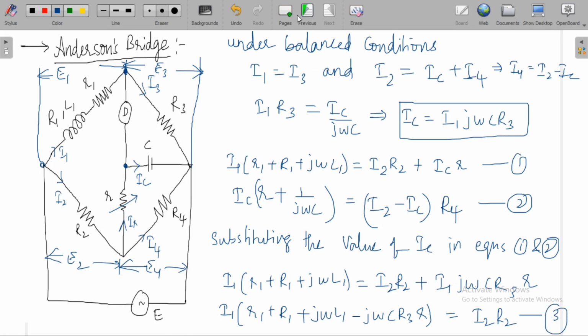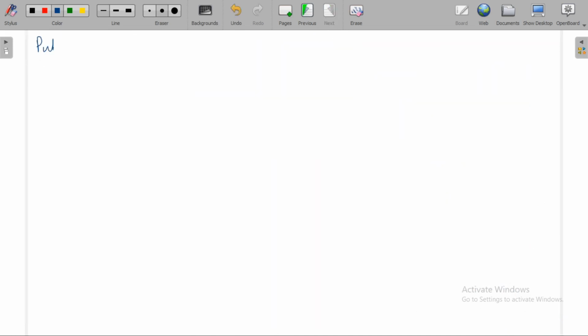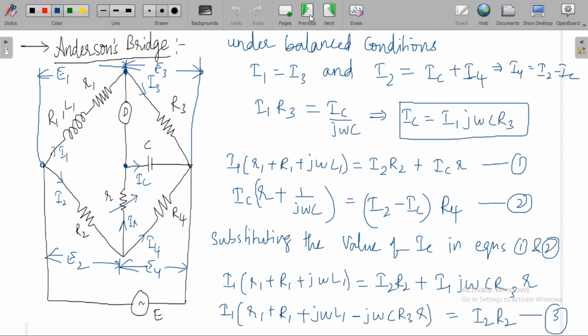Now put the value of IC in equation 2. What will you get in this equation?